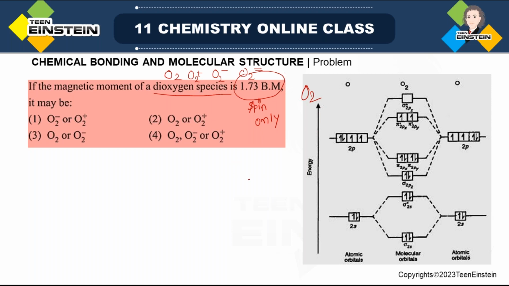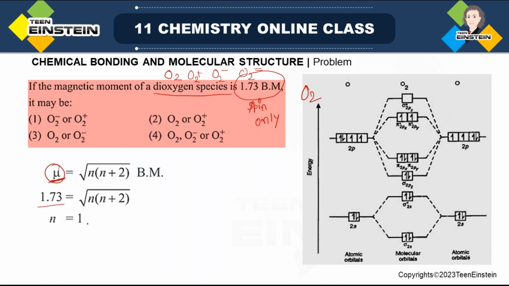The spin only magnetic moment is denoted by mu, equal to root over n into n plus 2. Now this value is given as 1.73. Squaring both sides you can get the value of n, which is 1. When n is 1, it is 1 into 1 plus 2, that means root 3.